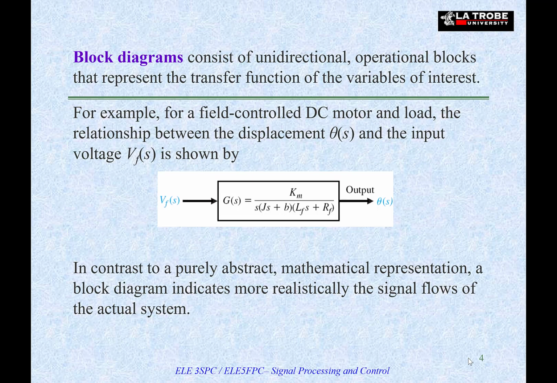A block diagram consists of unidirectional functional blocks that represent the transfer function of the variables of interest. On the slide, you see a simple block diagram, and this block diagram depicts the input and output relationship of a field-controlled DC motor and its load.